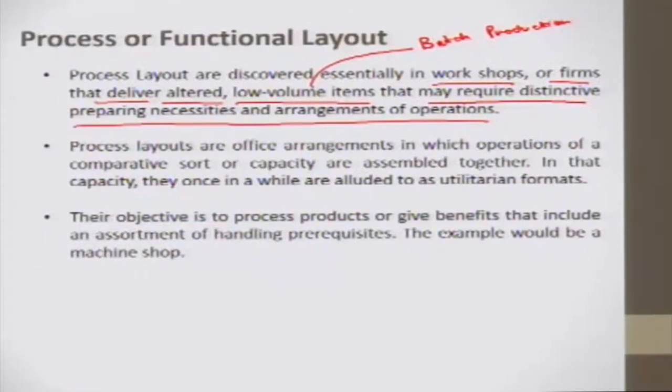It means similar kinds of processes are arranged in one section of a factory. For example, one section can have all the lathe machines, another section all the milling machines, another all the drilling machines, and finally grinding machines and inspection. The final section would be inspection.